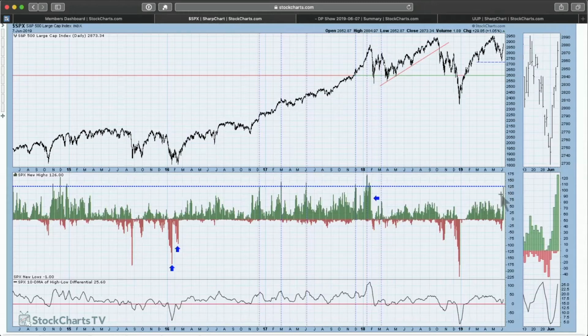What I would note is that with readings this high, you can see where these are spikes. That's a pretty high spike. There aren't a whole lot of times where we've seen readings above that. And unfortunately, a lot of times they do arrive at exhaustions, selling or buying exhaustions. So that would be something to consider.